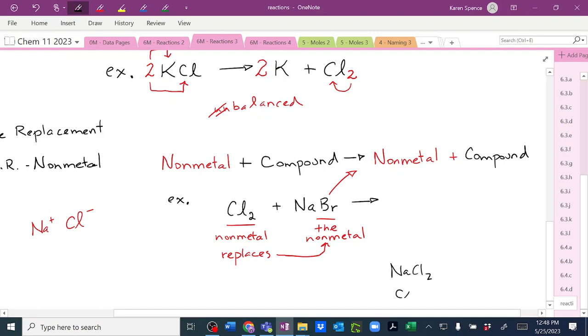I don't want Cl2Na. I don't want any of those weird things. I want the correct formula for sodium and chlorine, which is NaCl. And then bromine has been kicked out. So it's on its own now. What do we know about bromine when it is on its own? It's diatomic. Yes, Brinkelhoff. Okay, so bromine is diatomic, so we would put a 2 there.